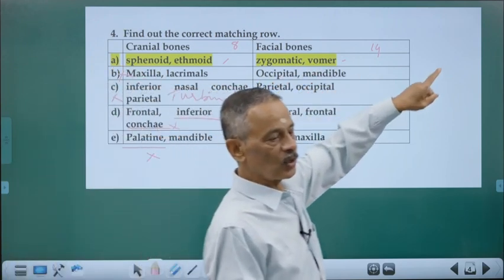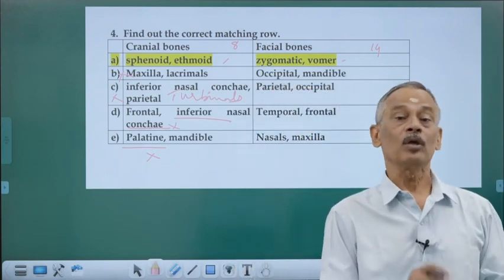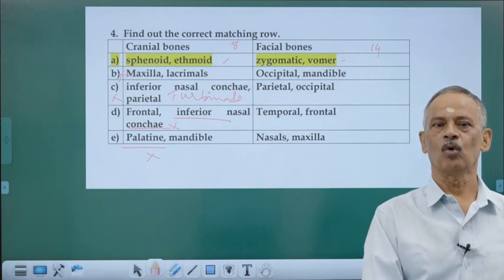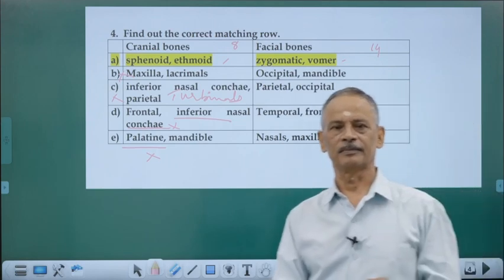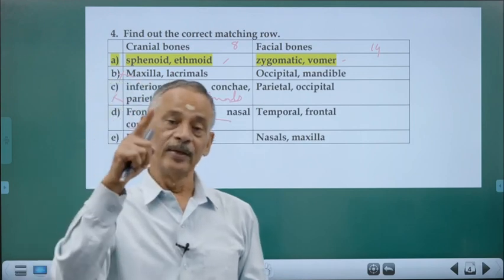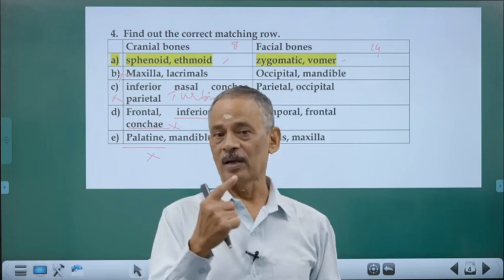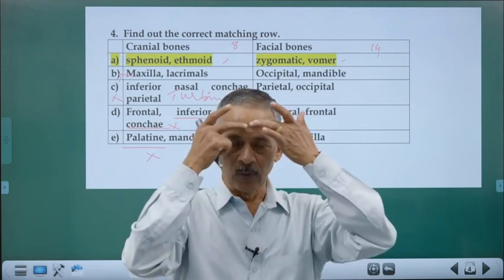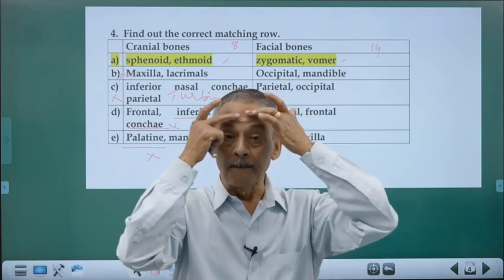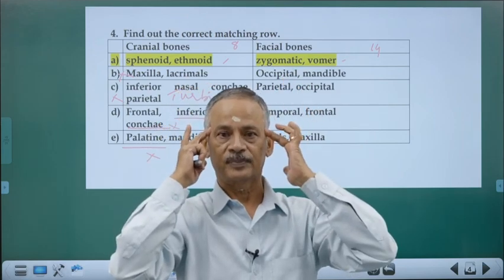Though the names of the bones are not in the NCERT book, you have to study them. What are the bones that are all present in them? And again, understand that in the cranial part of the 8 bones, only 2 bones are paired. They are the parietals and temporals.